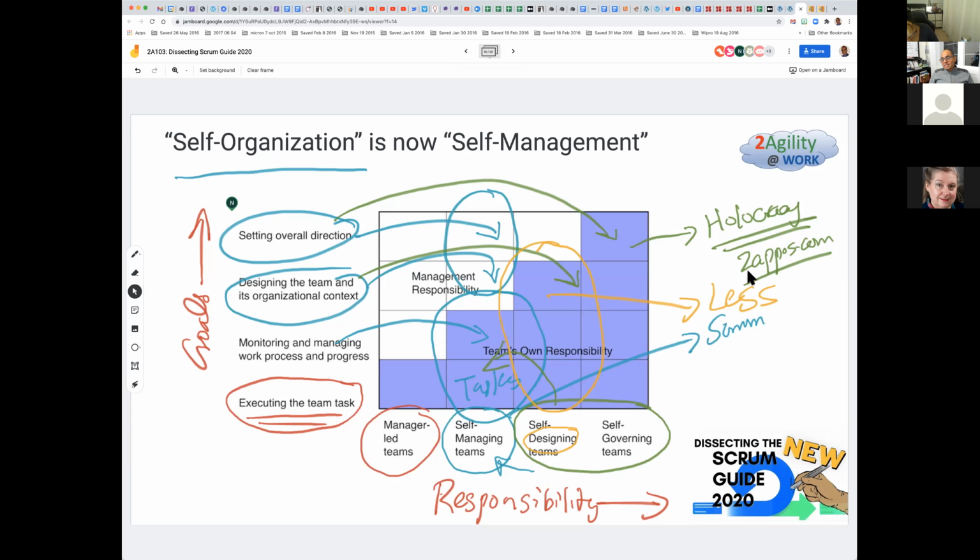For us, the Scrum team is always accountable and responsible either way. Now, if you look at the word here, in this chart, it's always about responsibility. We have management responsibility and the team's own responsibility. But in self-managing and self-designing teams, you can't force responsibility on the other player. So you can't force accountability. So responsibility is always through volunteering.